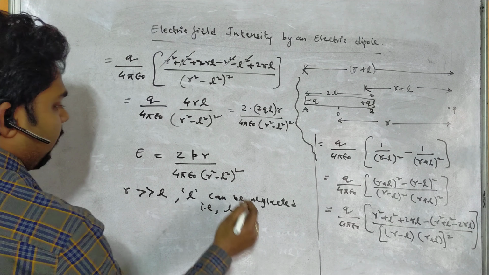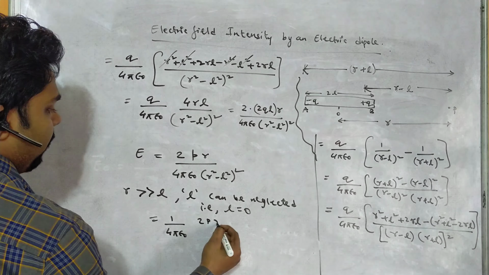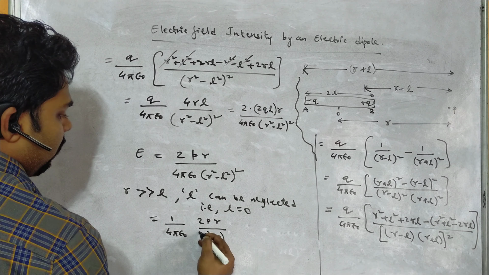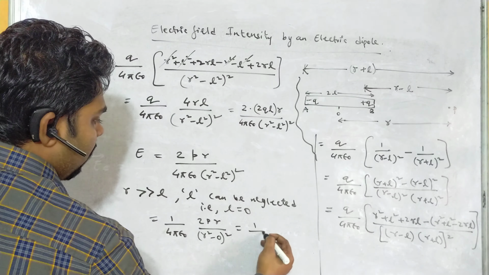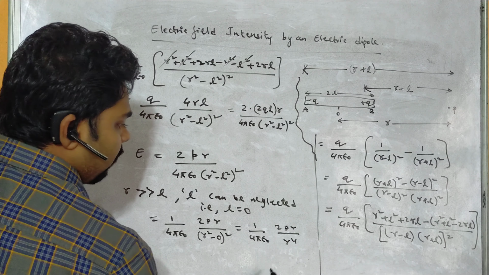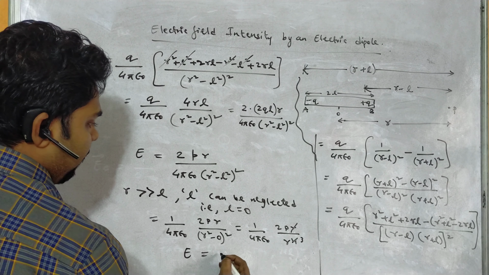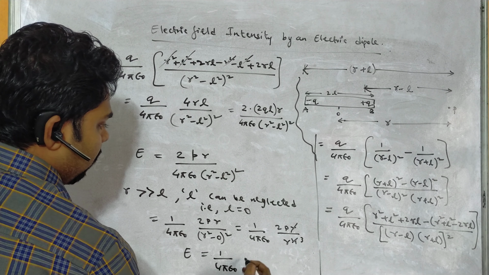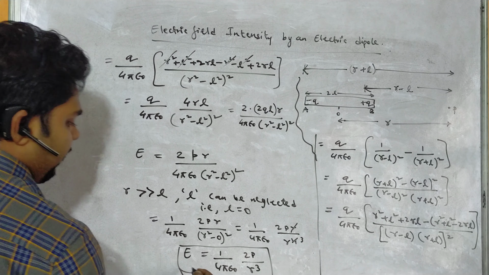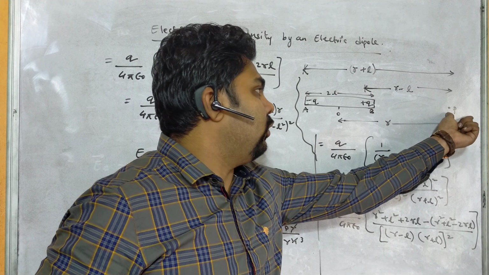If you substitute 0 here, then we will get 1 by 4 pi epsilon naught, 2PR by (R square minus 0) whole square, or 1 by 4 pi epsilon naught 2PR by R to the power 4. This R will get cancelled, and we get R cube here. So the final expression we get is 1 by 4 pi epsilon naught 2P by R cube. So this is the electric field of an electric dipole at the end on position.